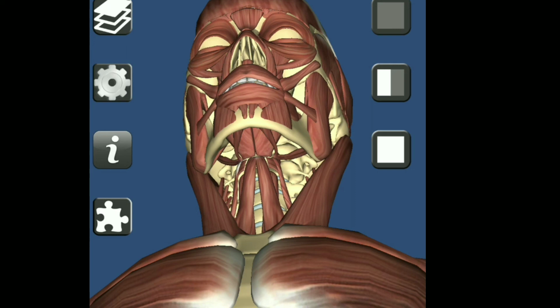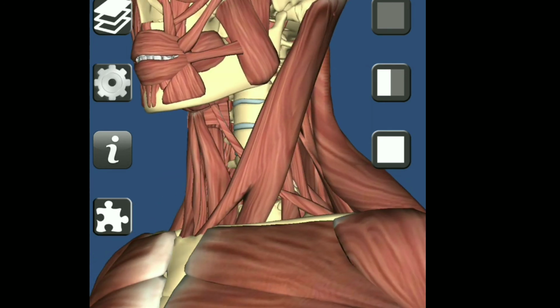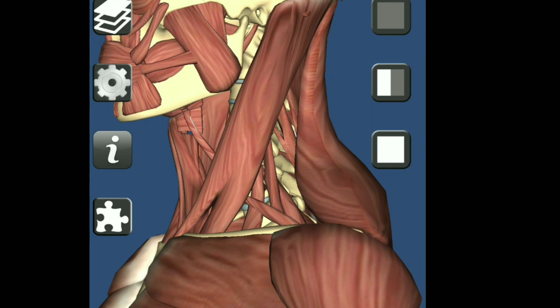First you see this is the submandibular triangle, then we have the submental triangle, and along with it the carotid triangle and the muscular triangle.